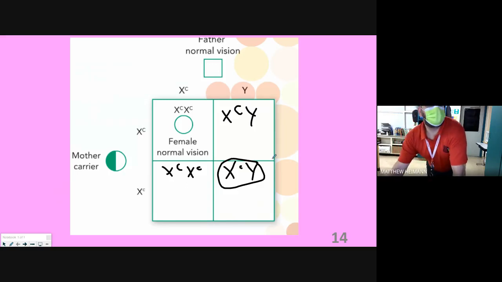It'd have to have a colorblind dad and a mother who was a carrier in order for the offspring to be colorblind. So it's pretty rare.